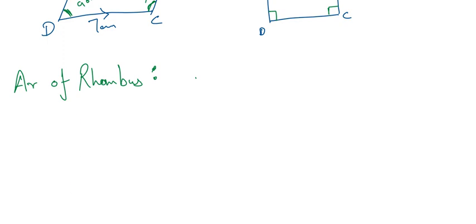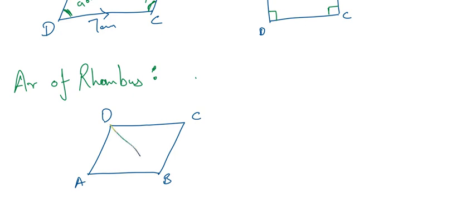If I have a rhombus like this, A, B, C, D. Can you tell me what I am drawing here? If I connect BD and AC, what can I say about BD and CA?